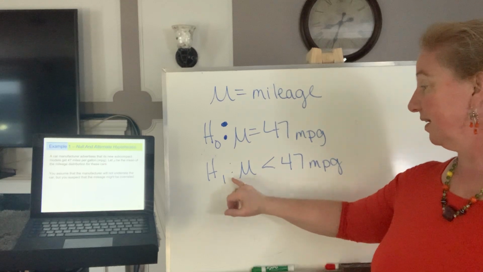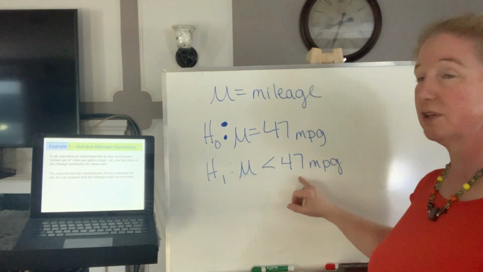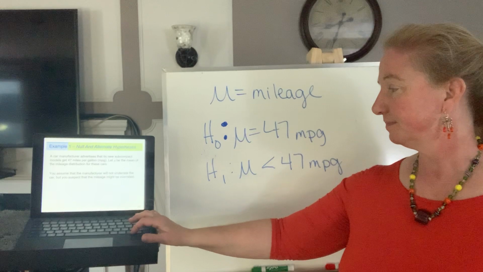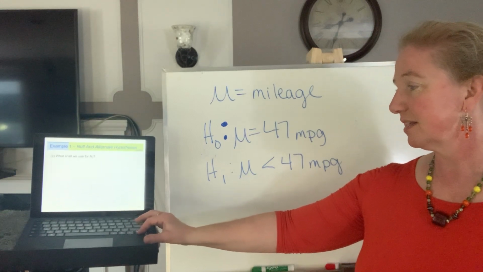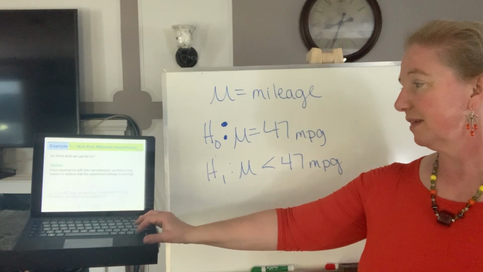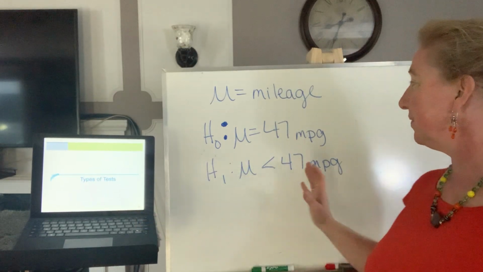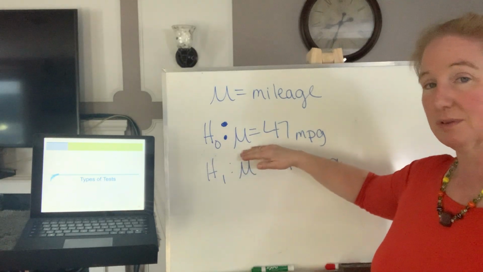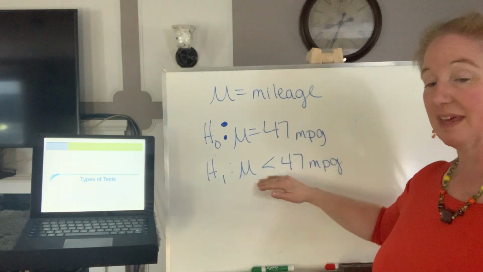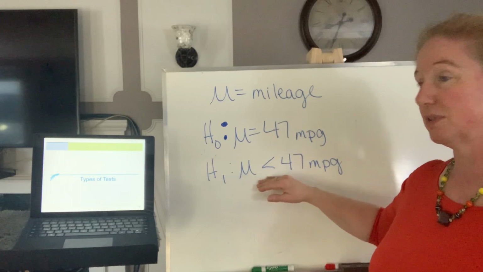So H1 colon mu is less than 47 miles per gallon. That's how I would state that. That's my H naught and then my H1. A couple things just to kind of simplify it: H naught is always going to have an equal sign. H1 will have a less than, a greater than, or a not equal sign.